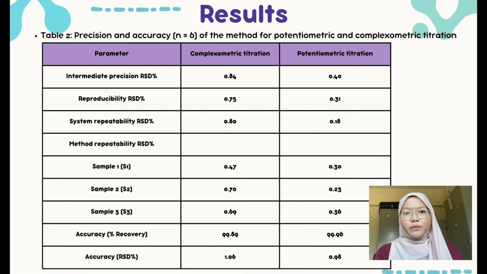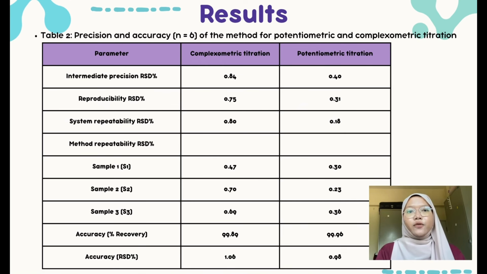All values are well below the AOAC's acceptable limit of 5%, indicating excellent precision for both methods. Sample repeatability across 3 replicates also showed low SD percent values, with the highest being only 0.70% for complexometric and 0.36% for potentiometric titration. For accuracy, we analyzed percentage recovery. Complexometric titration gave 99.89% recovery, and potentiometric titration achieved 99.96% recovery.